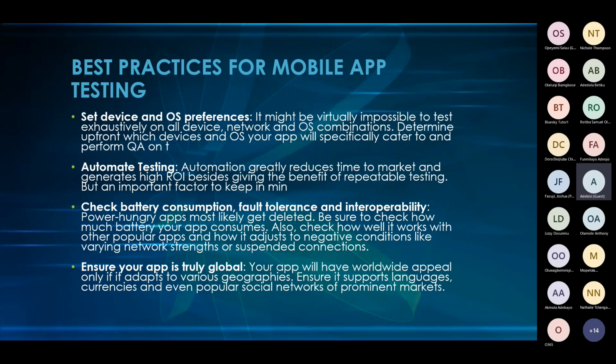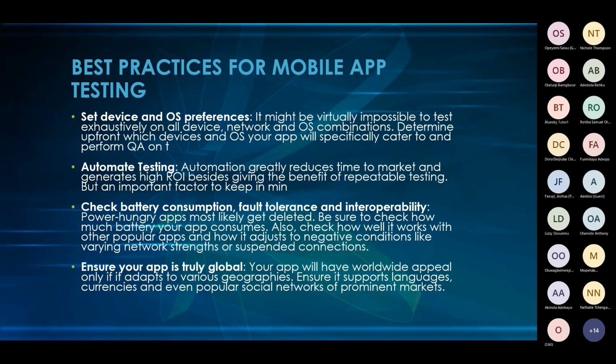And then ensure your app is truly global. Your app will have worldwide appeal only if it adapts to various geographies. Ensure it supports languages, currency, and even popular social networks of prominent markets.